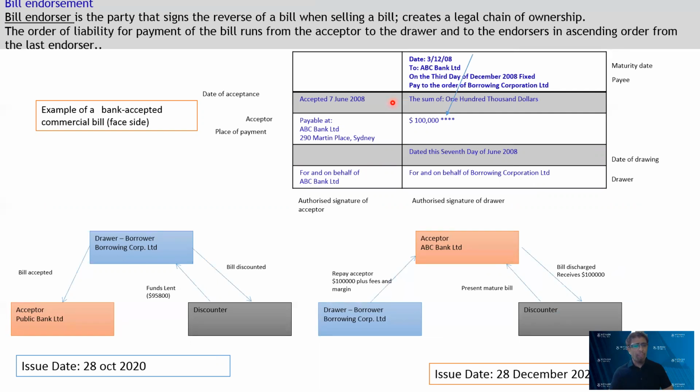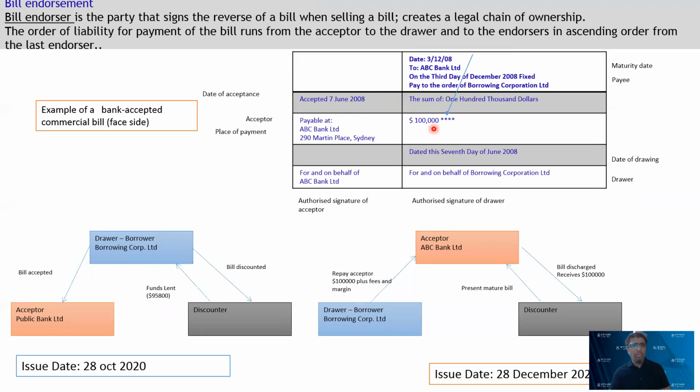So inside the market, people want to borrow, and people, as I told you, want to lend. So when we talk about the bill endorsement, the customer, for example, the borrower, which we now call the drawer, will issue this bill.